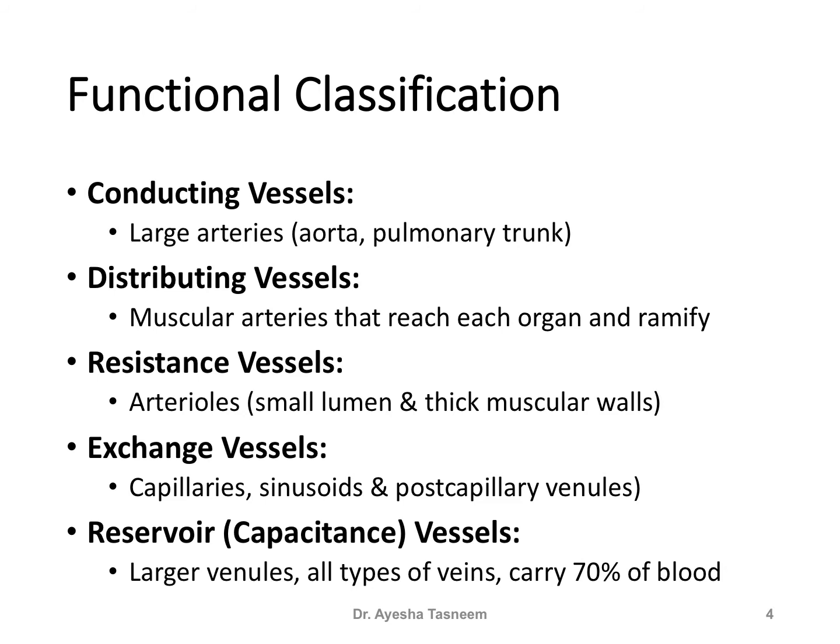Then we come to the resistance vessels. These arterioles are included in this type of blood vessels. They have a small lumen and thick muscular walls. Fourth type, functional type of blood vessel, is the exchange vessels that include capillaries, sinusoids and post-capillary venules.